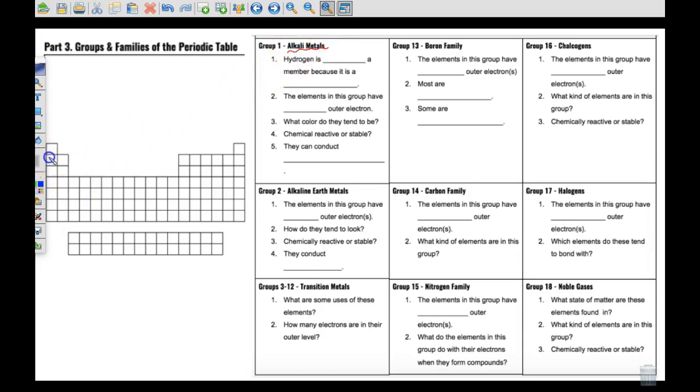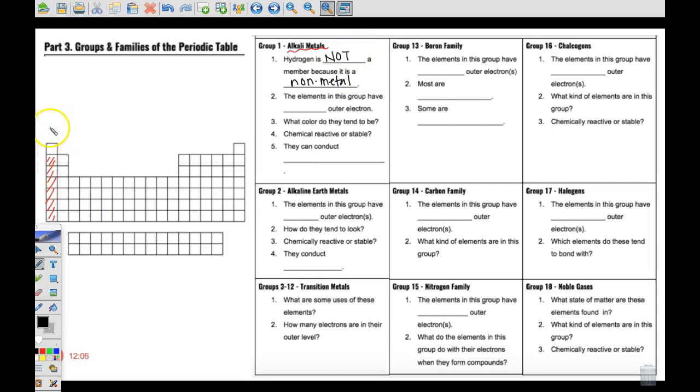And the alkali metals include the elements in the first column except for the top one, which is hydrogen. So hydrogen is considered to not be a member. And let's think about why. Hydrogen is a non-metal. So it clearly does not belong in a family with the word metal in it.